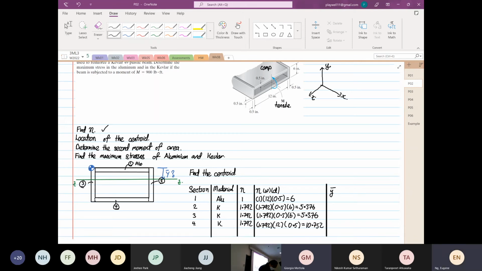So the y bar is 0.5 divided by 2. So this is datum at the top. Then it's 6 divided by 2, 3. Then the last one is 6 minus 0.5 divided by 2.